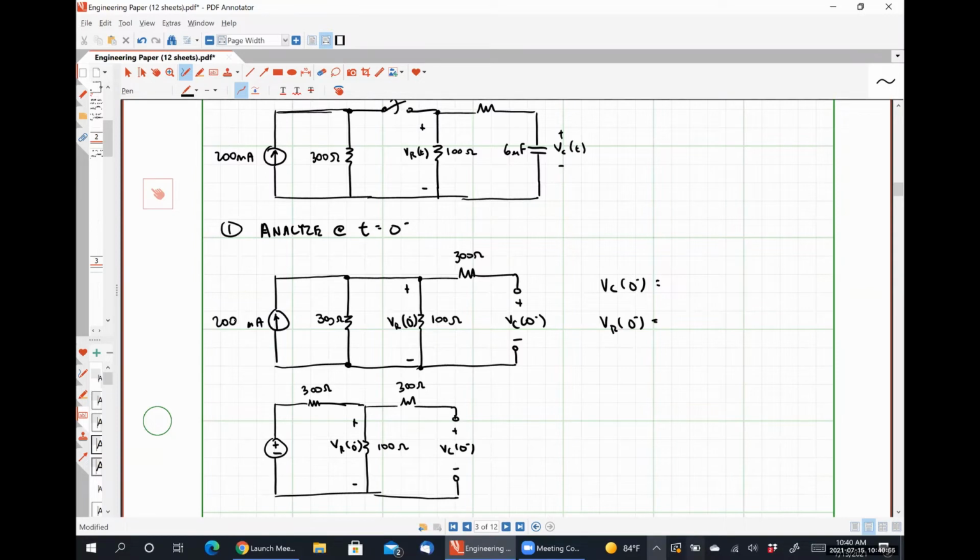It'll be like 60 volts or something like that, but I just want to make sure. 0.2 amps times 300, yeah, 60 volts. All right. So now what could I do to determine VR or VC? Could you possibly do maybe KVL?